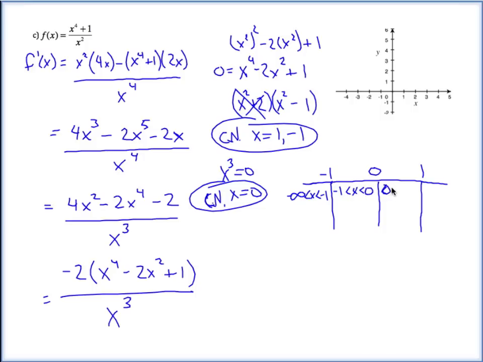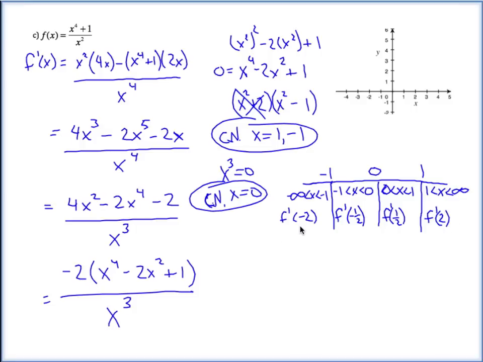Here it's 0 to 1. And here it's 1 to infinity. So some test values we could try here. Negative 2. Here we could try 1/2 or negative 1/2. Here we could try 1/2. And here, let's just try 2.